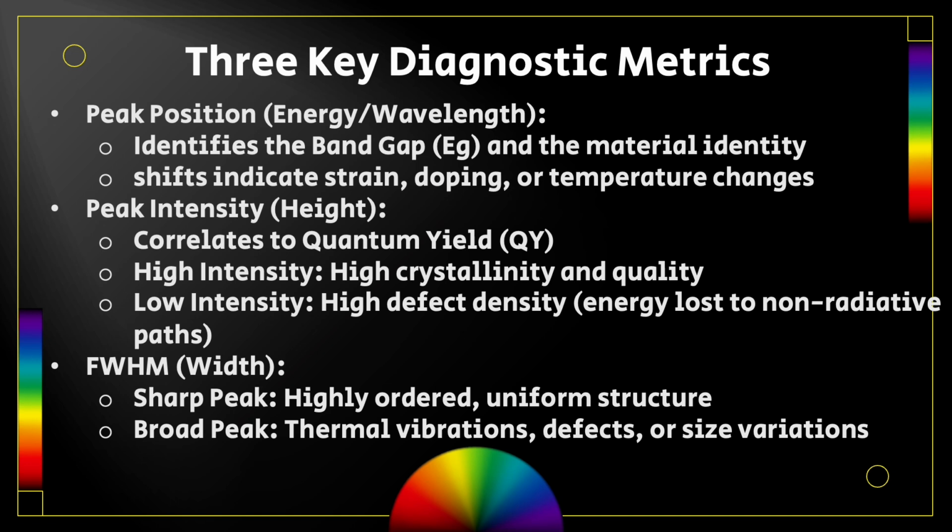Third is FWHM. This measures the uniformity of the sample. A sharp, narrow peak tells us that the structure is highly ordered and uniform. And a broader peak suggests disorder in the system. This could be due to thermal vibrations, defects, or variations in particle size.